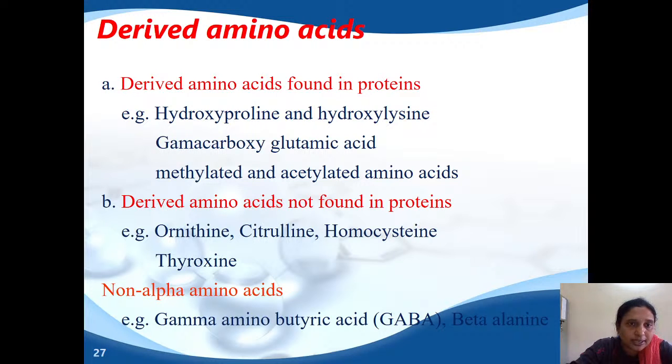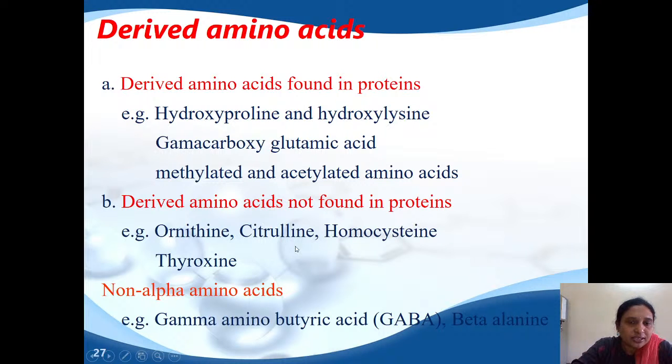In the derived also, a few may be found in the proteins, a few may not be found in the proteins, and those which are not found in the proteins you can call non-protein amino acids. Examples of derived amino acids found in the proteins, as I already mentioned, are hydroxyproline, hydroxylysine, gamma carboxyglutamic acid, methylated and acetylated amino acids. This was already mentioned under the modified amino acids.